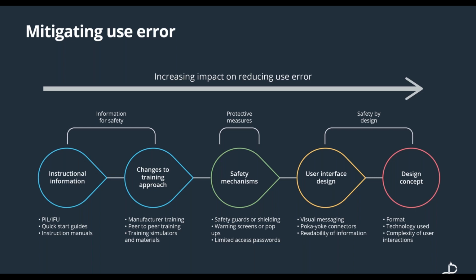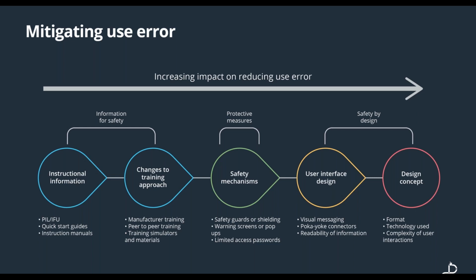So what's the format of that technology? Is even the technology used the right technology, or is there a technology that could be applied which would decrease the complexity of user interactions or increase the ability for people to generate a correct mental model the first time they use a concept?